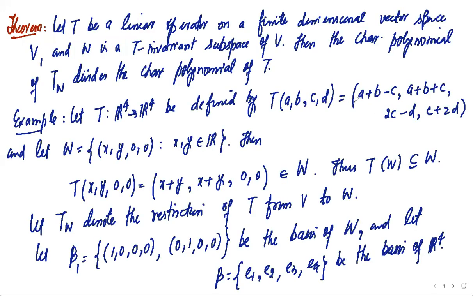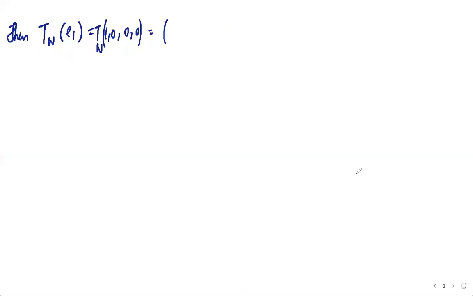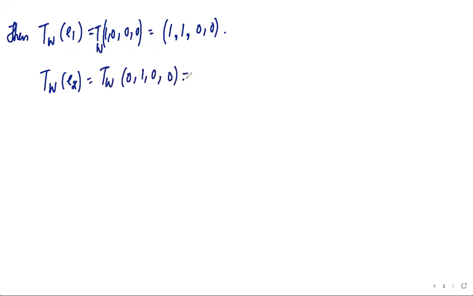Then TW of E1, that is TW of 1, 0, 0, 0, is equal to 1, 1, 0, 0. And similarly, TW of E2, which is TW of 0, 1, 0, 0, can again be seen to be equal to 1, 1, 0, 0.